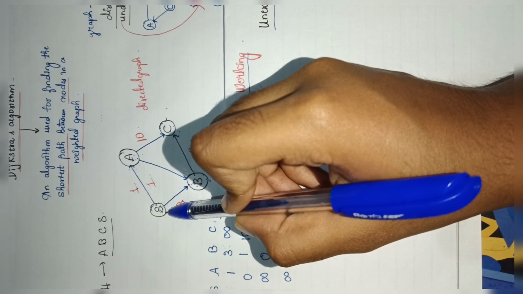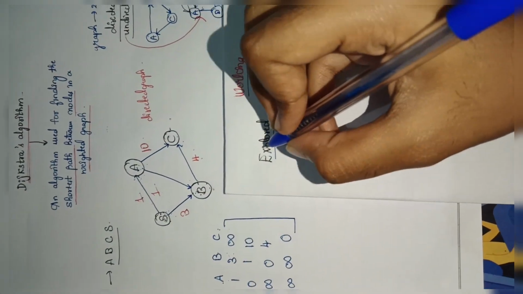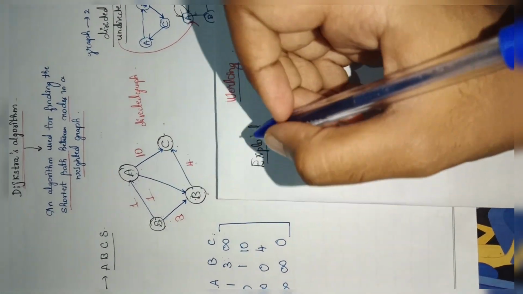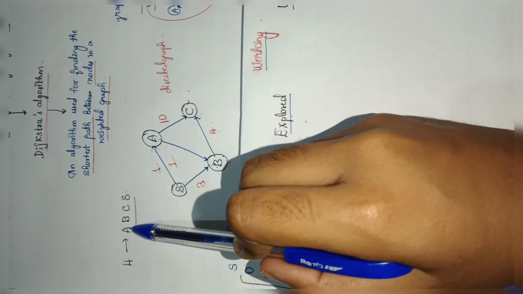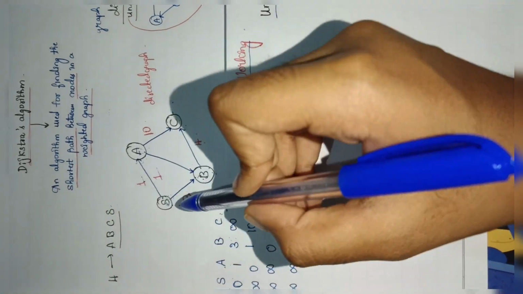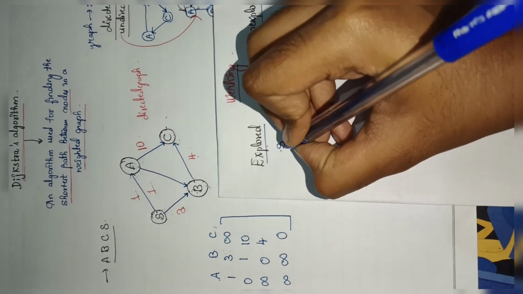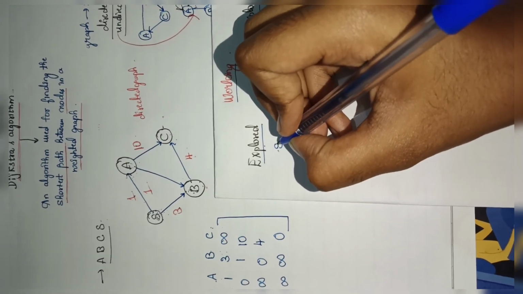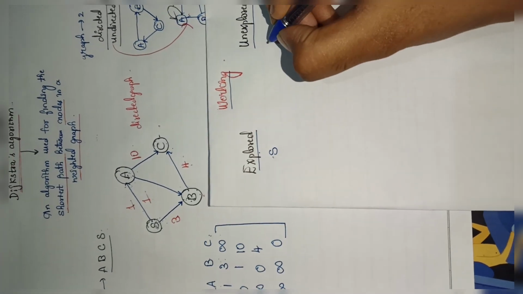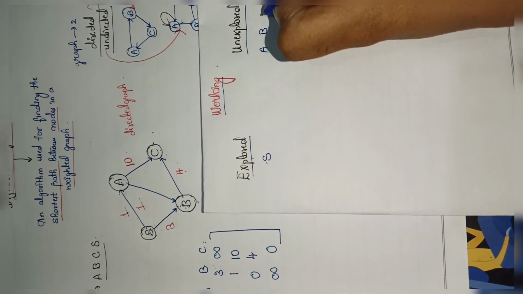So here S is the source. First we'll explore the nodes A, B, C, S. We'll start exploring from S. S will be explored, and after S, we'll explore A, B, and C.